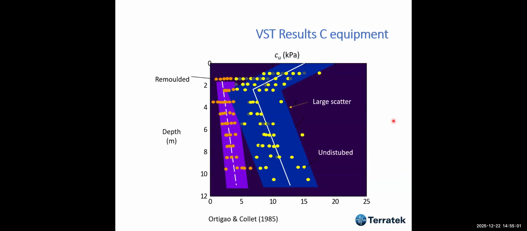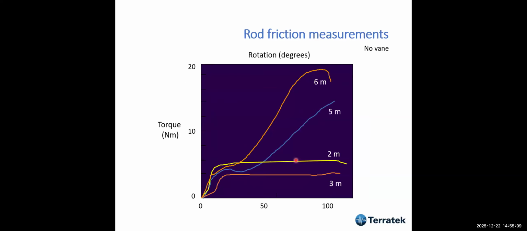We found a very large scatter in the data, okay? We tried to use the idea that came with the ESCM to analyze rod friction by taking off the vane and using a dumb rod. And we found this was nearly impossible.